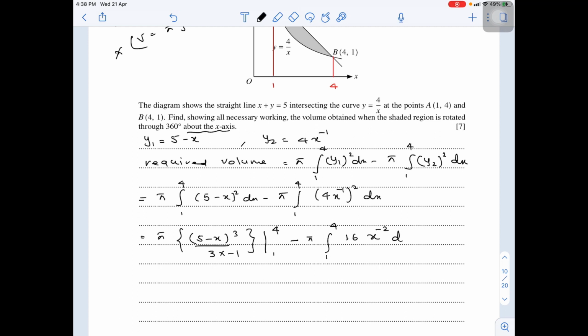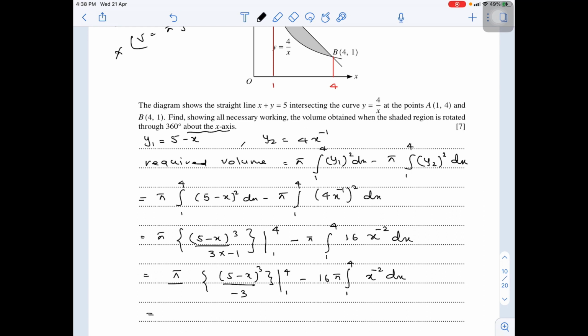So I'm writing integration 1 to 4: 4 squared is 16 and x to the power negative 1 times 2 is x to the power negative 2 dx. So that's pi over negative 3, (5 minus x) cubed from 1 to 4, minus 16 pi, then integration 1 to 4 of x to the power negative 2 dx.